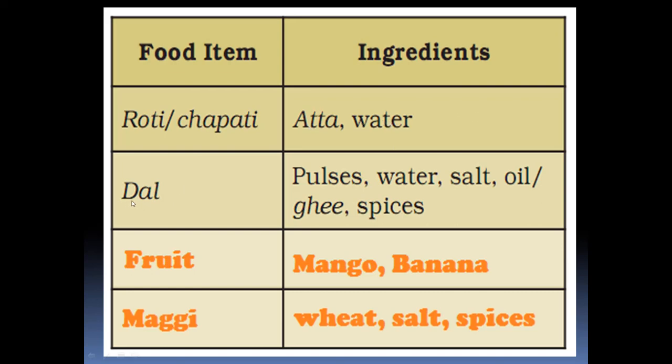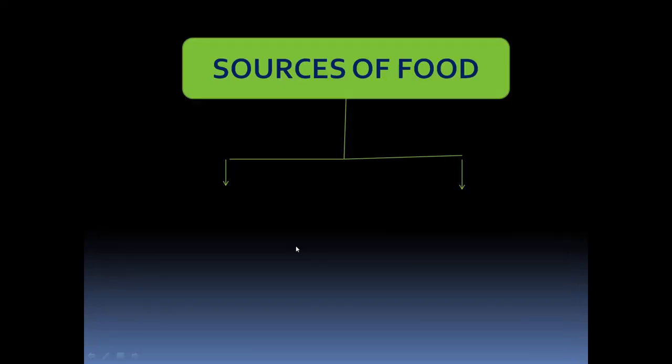In the same way, when you are preparing dal, the ingredients you use are pulses, water, salt, oil or ghee and spices. In the same way, when you are preparing fruit salad, you can use mango, banana and apple, different chaat masala. So these are the different types of ingredients you use while preparing fruit salad. In the same way, in Maggi, there is wheat, salt and spices. You can check for ingredients even in the food pack.